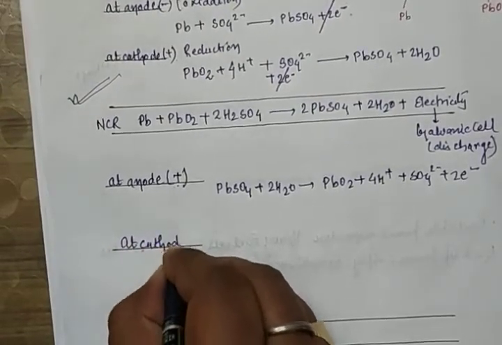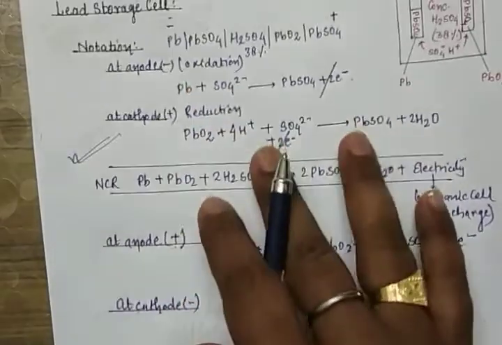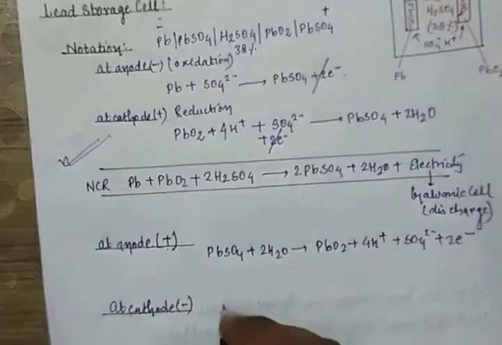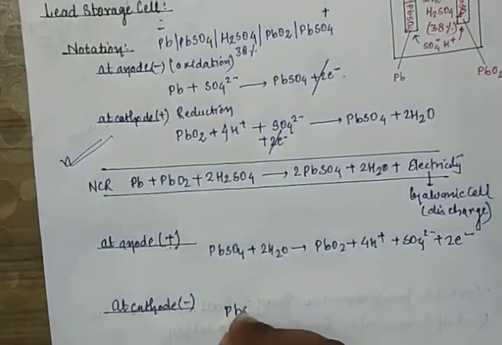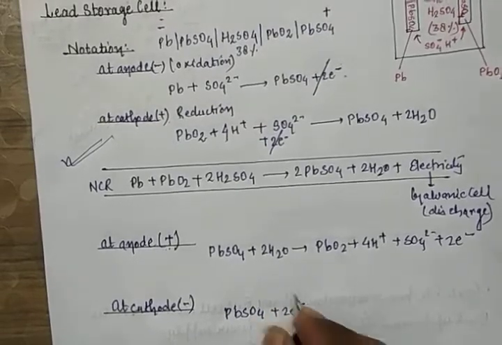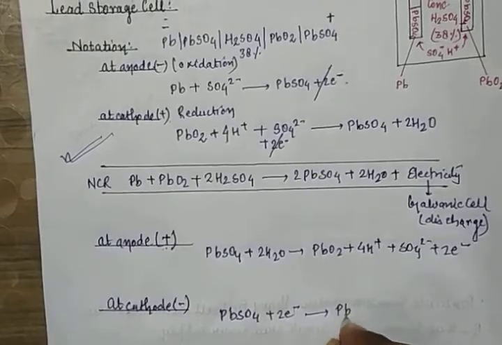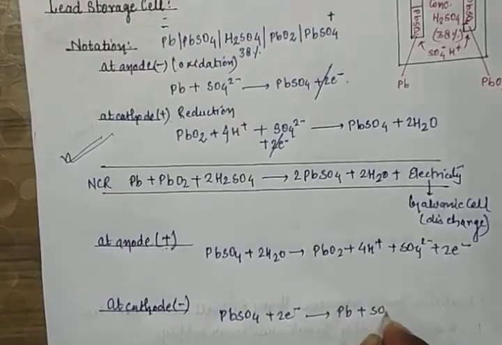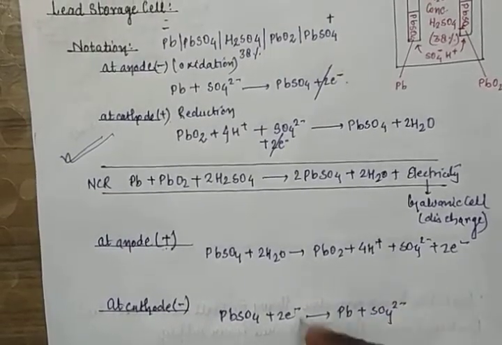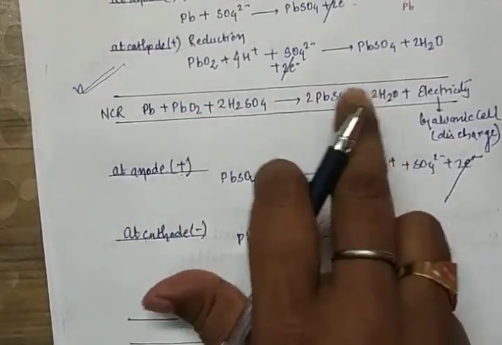Here in the electrolytic process, the cathode is negative. So just check, negative, and here is negative. So just reverse the reaction. So PbSO4 plus 2 electrons, reversed from this, gives Pb plus SO4 2-. Now electrons cancel. Now the final reaction is just the opposite of this.